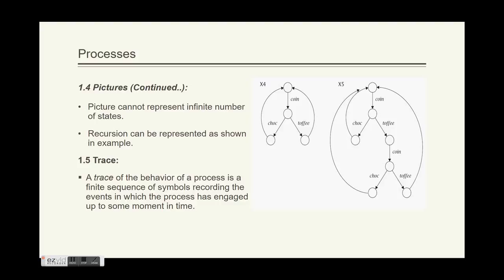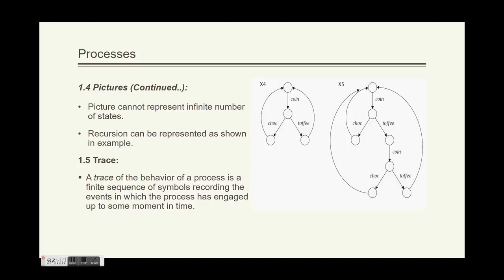A picture cannot represent an infinite number of states. It's very hard to draw each and every event using pictorial representation. So we use recursion to represent this, as shown in the figure in the example. So we have a vending machine which offers two choices, and then after dispensing either of them, the vending machine goes back to the initial state.